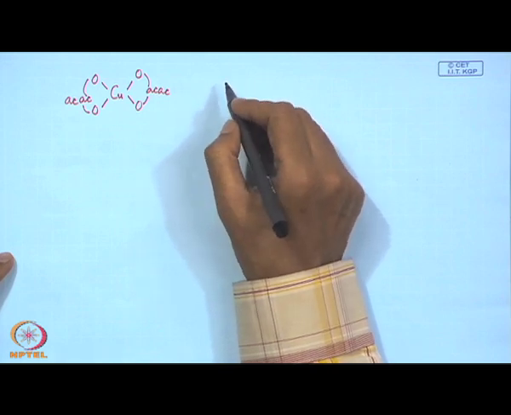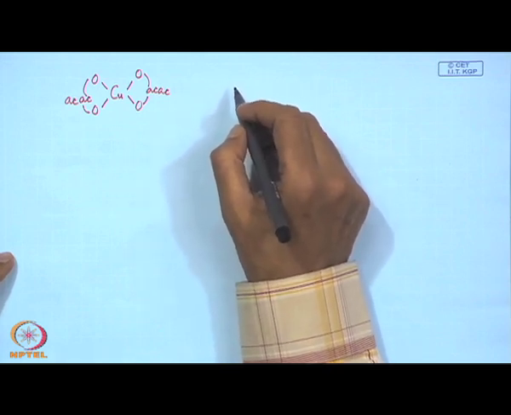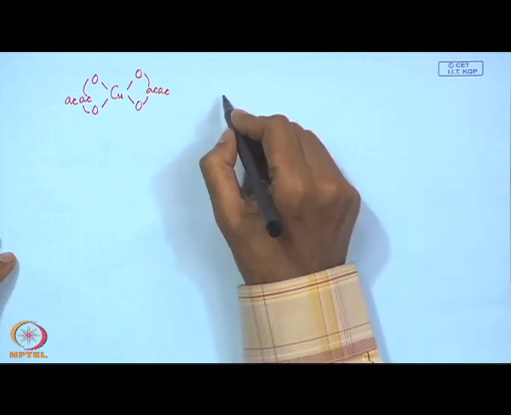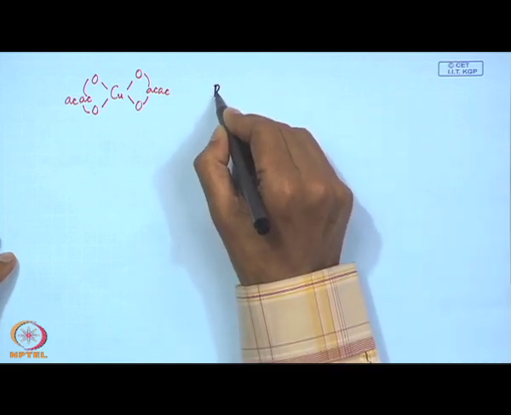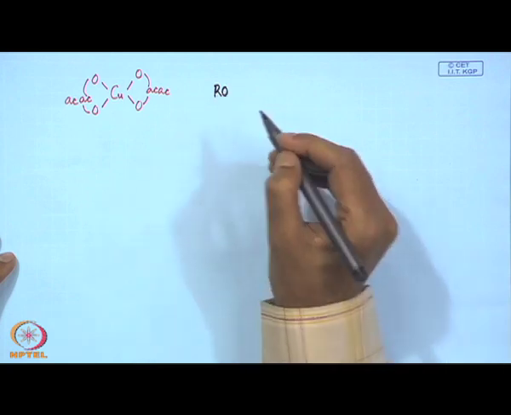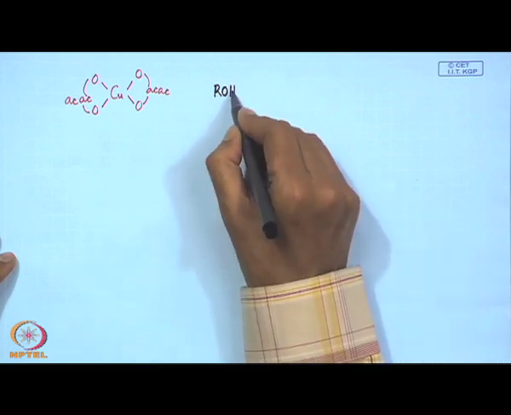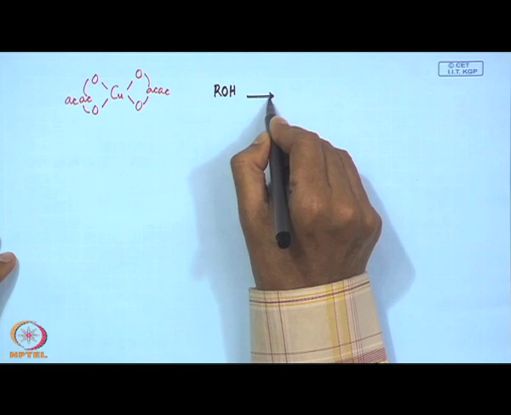One good example we have already seen is ethylenediamine. Similarly, if we start from any alcohol, that can be derivatized basically.